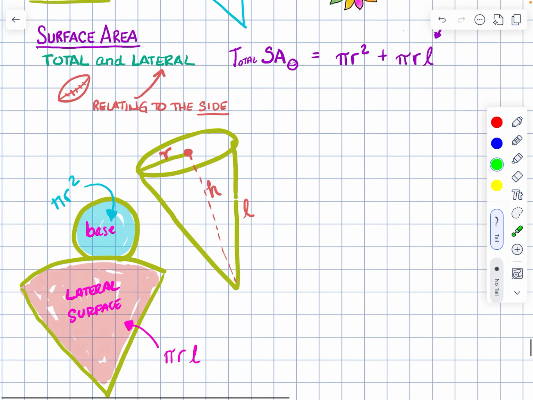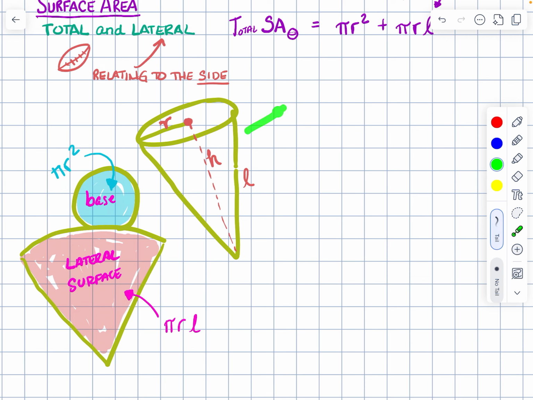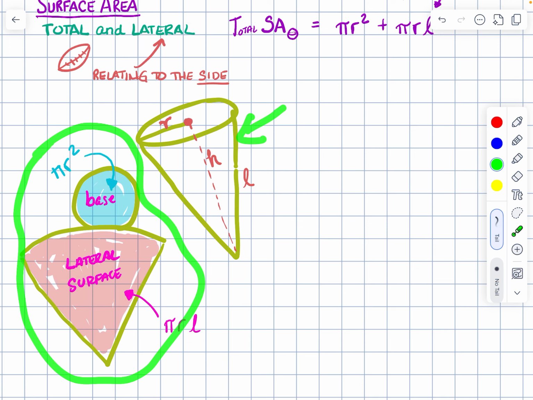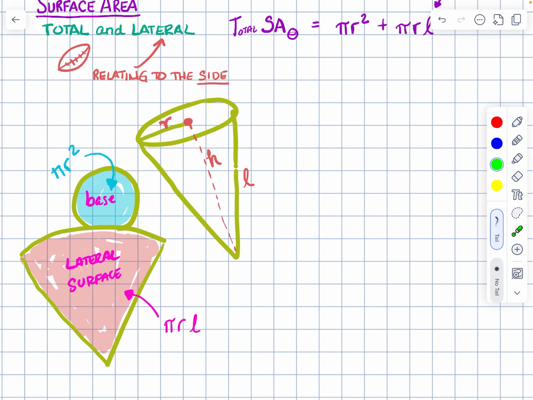Okay, so I broke this up into a net, and it's very rough. It could look a little different than that, but basically you've got a circle, which is here, that's your base, and that is equal to pi r squared. The area is pi r squared, which is in your formula here.